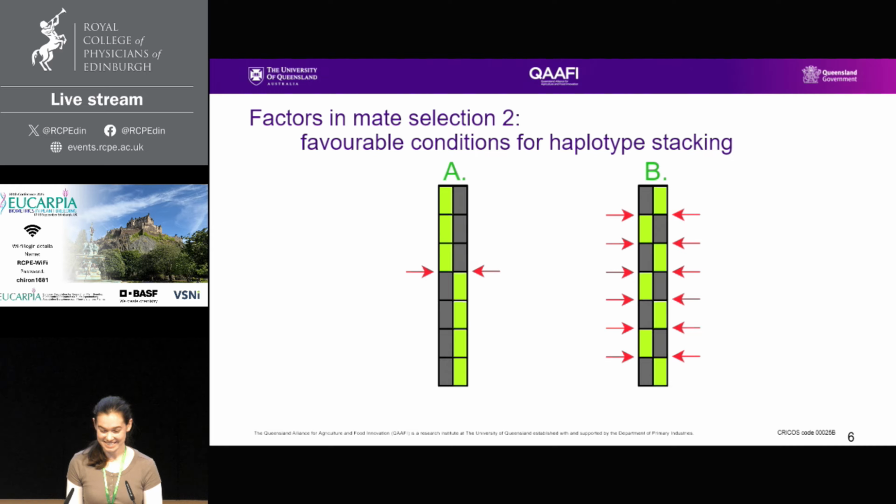B needs 6 in 6 specific spots, and really that's getting to the point of unlikelihood where you're going to assume that B is not going to be able to pass down all of those green haplotypes. So even though B's parents carried all of those target haplotypes, you're going to lose some of them when you cross B. So what we really want is our mate selection algorithm to, as much as possible, have our adjacent haplotype blocks, when we're carrying good haplotypes, be in coupling phase as early as possible.